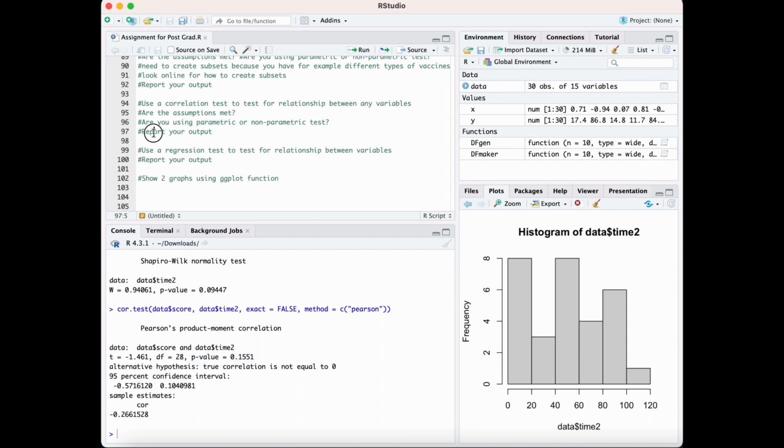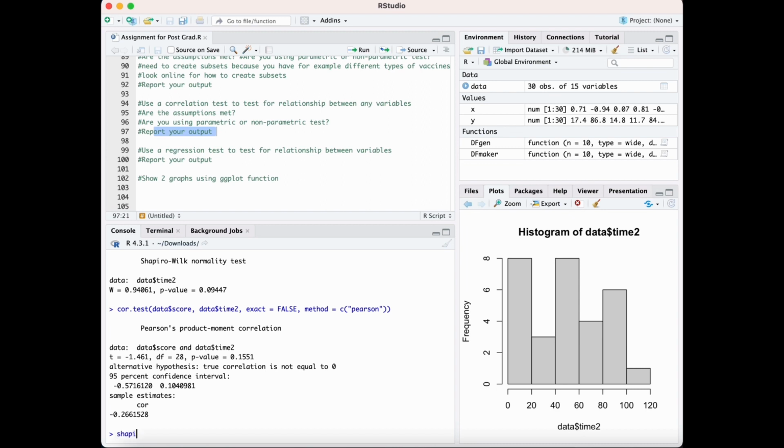So from here, use a regression test between variables. So I will be running between any variables.